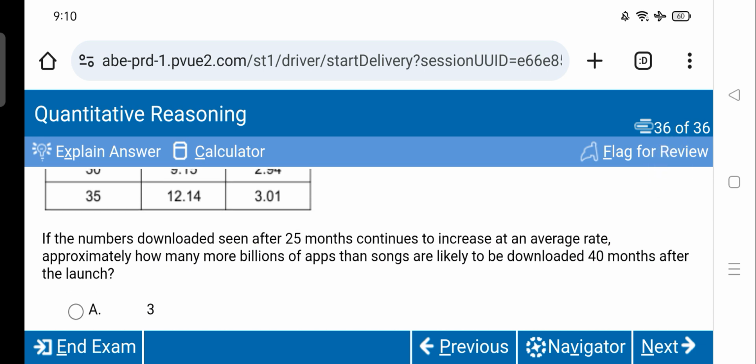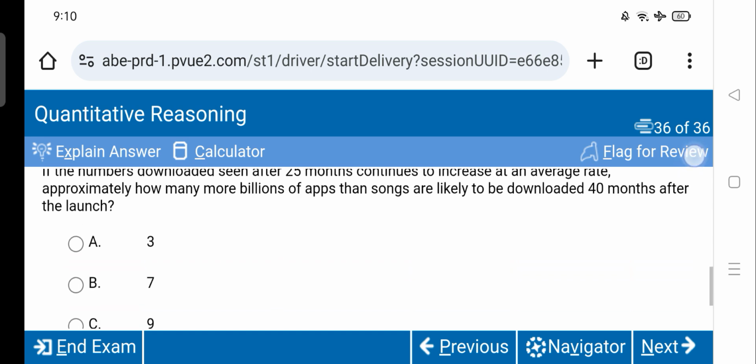Now the question is that if the numbers downloaded seen after 25 months continue to increase at an average rate, approximately how many more billions of apps than songs are likely to be downloaded 40 months after the launch?